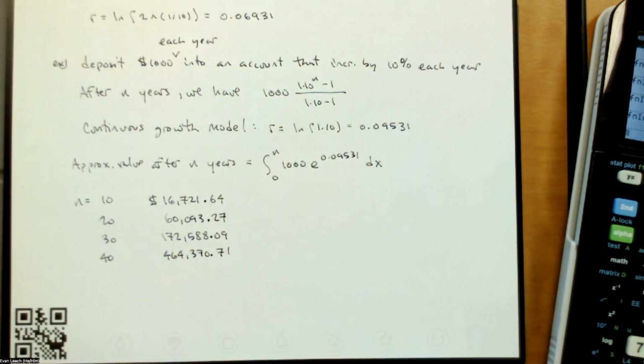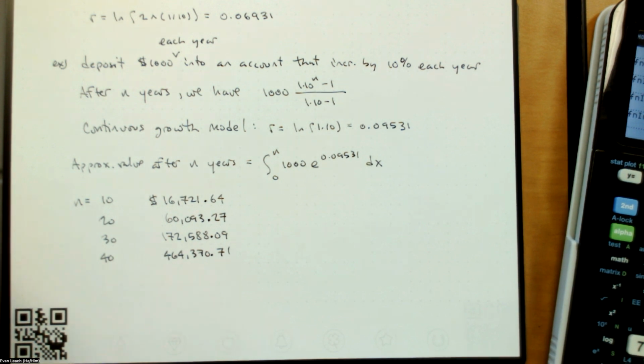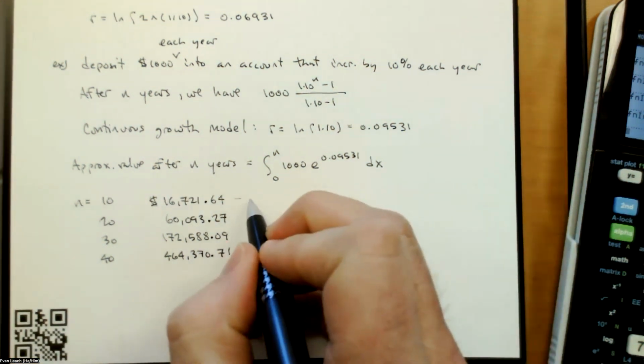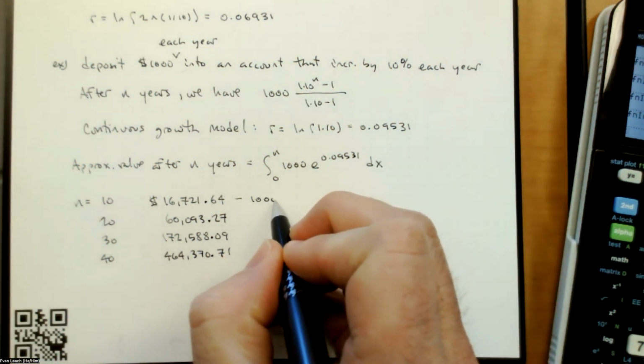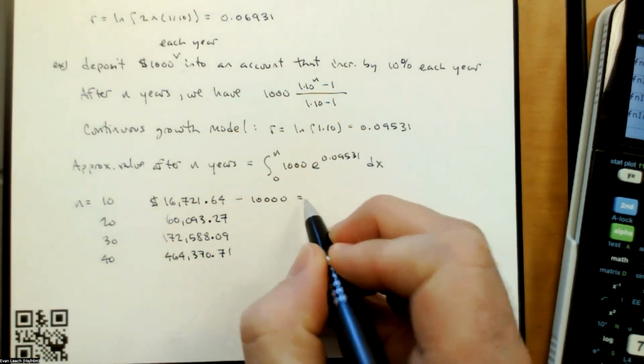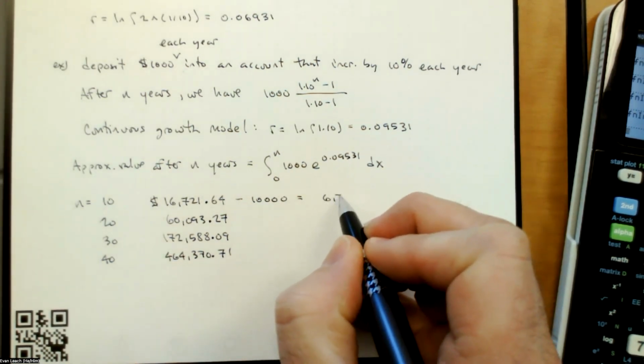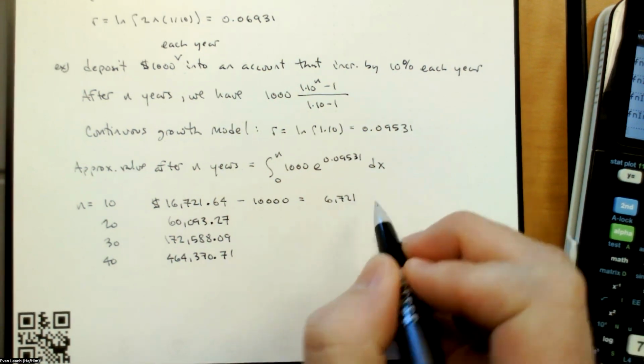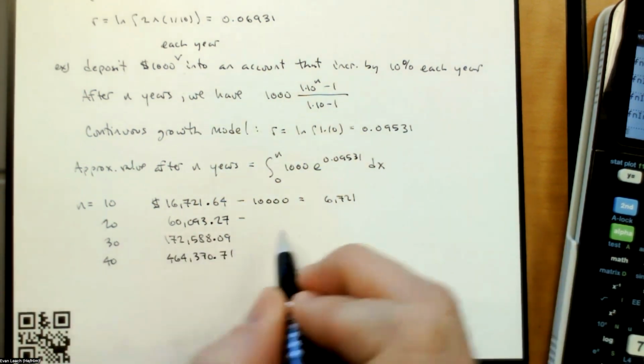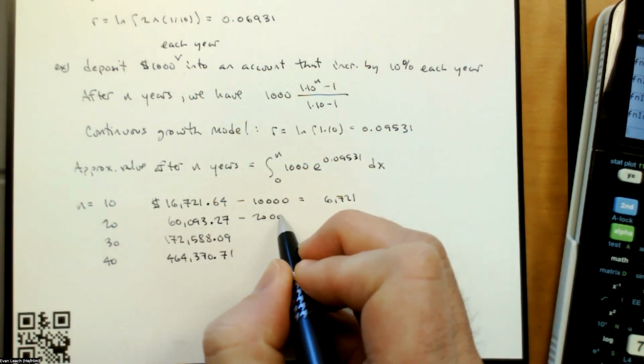So the amount that we're putting in, the investment part of this, is increasing linearly. If we subtract off the 10,000 that we put in, because it was 10 years at 1,000, we have an increase of $6,721. If we subtract at 20 years, we've only put in $20,000.